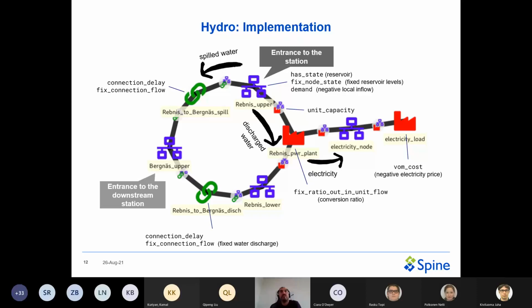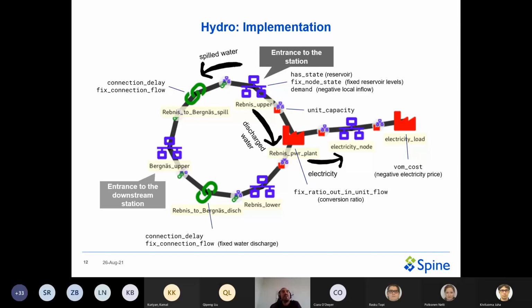And then you see that on the link from the Revnis upper node to the power plant, we have the capacity. And then in the Revnis power plant, we have the fixed ratio out in unit flow that corresponds to the conversion ratio of this unit. And then in the electricity load, as I was saying, we have the VOM cost, which corresponds to the negative electricity price.